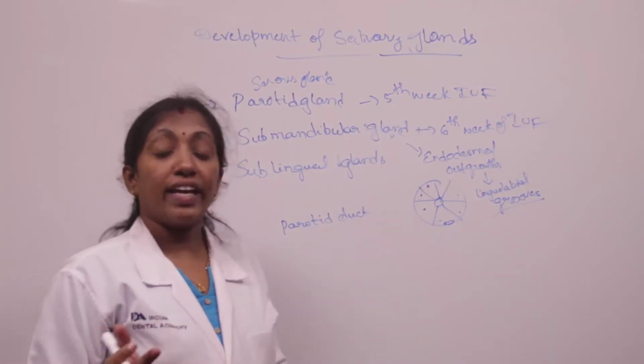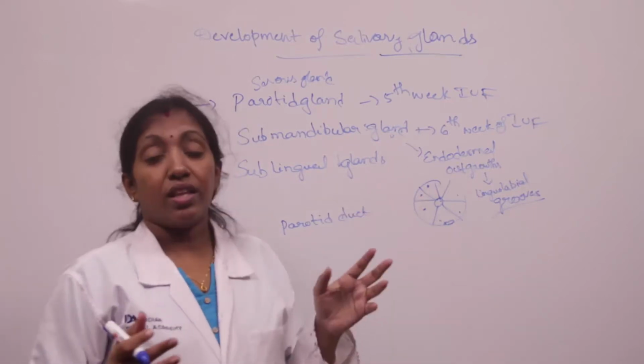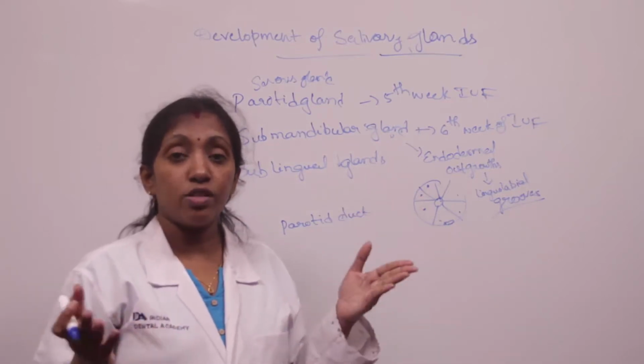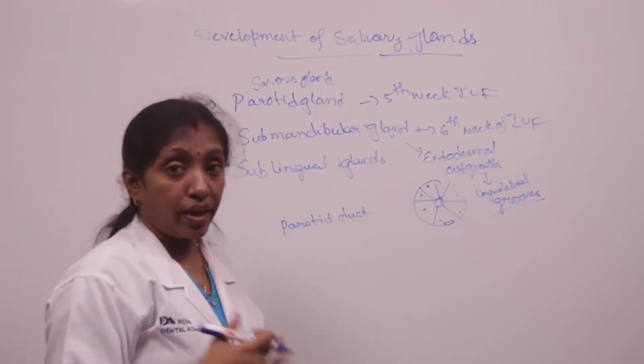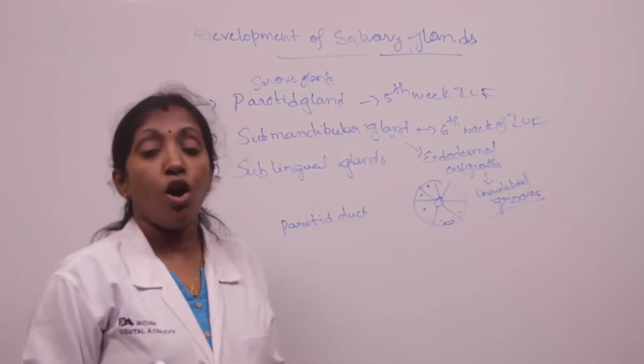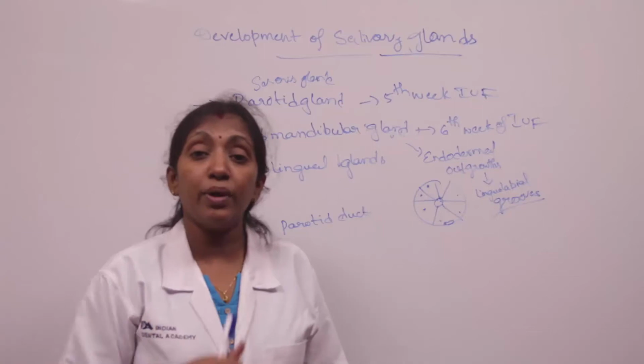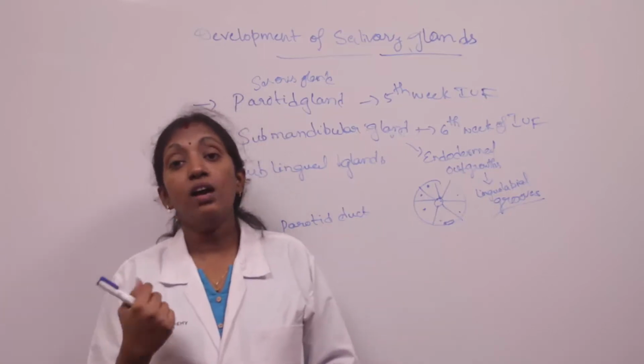From the floor of the endodermal outgrowths, they form small ductules, and these small ductules unite to form a large duct that is called the submandibular duct, which opens into the sublingual papillae on either side of the frenulum linguae.